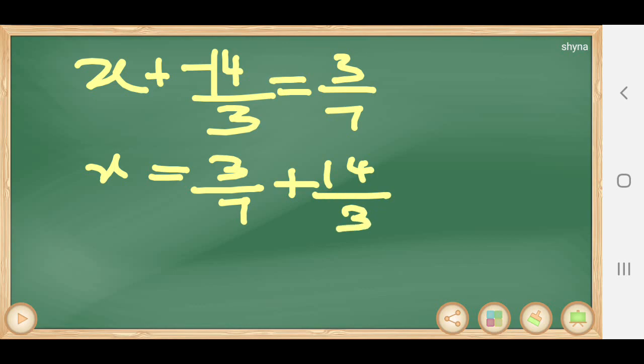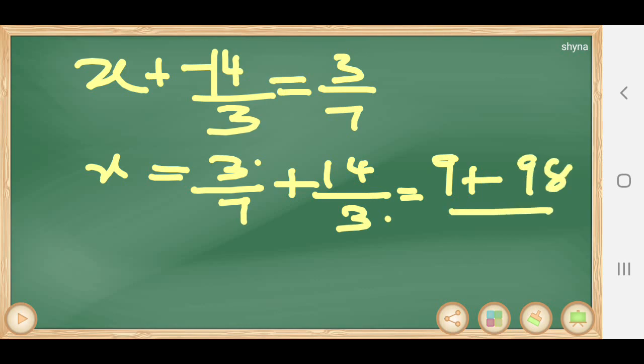How will you do 3 by 7 plus 14 by 3? 3 into 3 equal to 9. 14 into 7, what is 14 into 7? 98. Over 7 into 3, what is 7 into 3? 21. So 9 plus 98, what is 9 plus 98? 107 by 21.